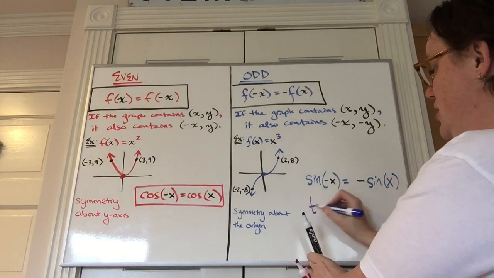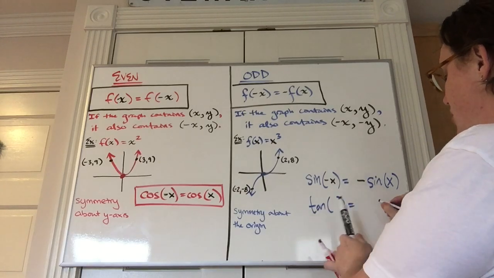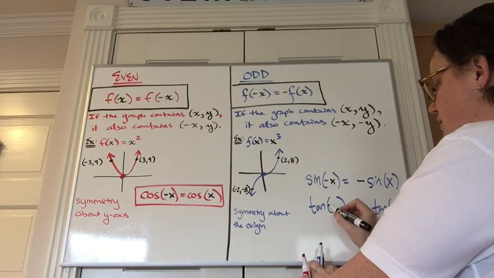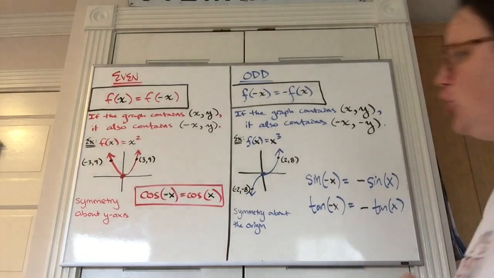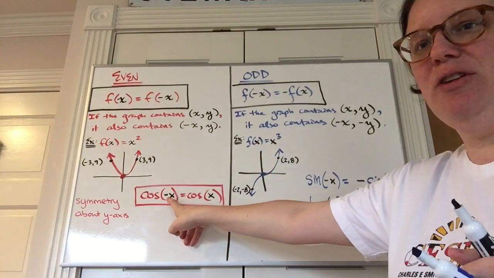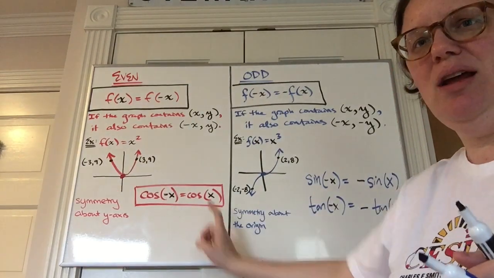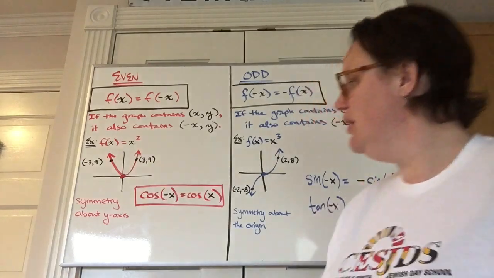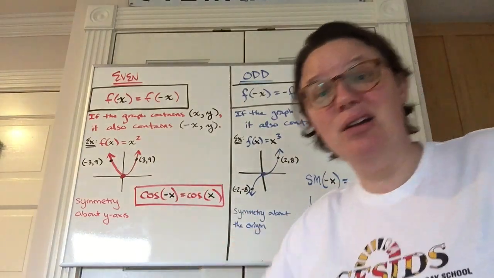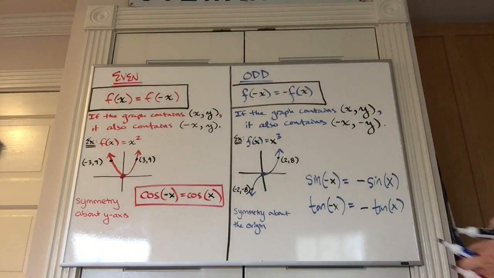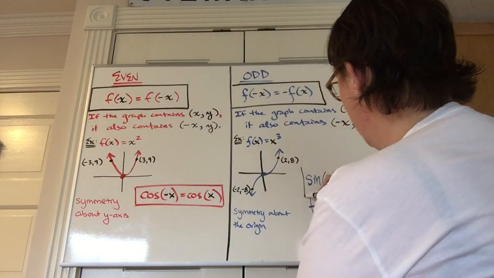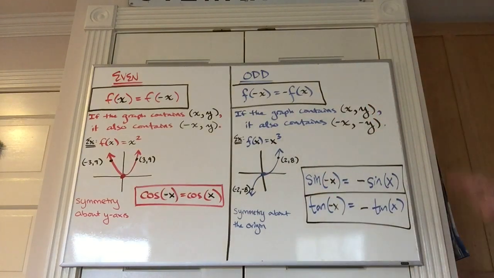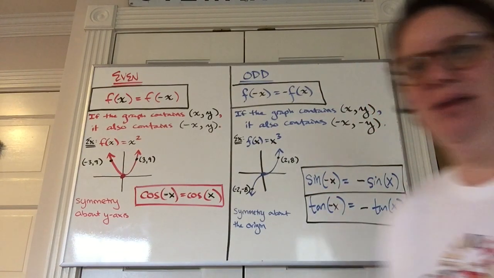Same goes for tangent. The tangent of a negative angle is the same as the negative version of the tangent of the positive angle. So for cosine, it does not matter if there's a negative on the inside. You can just get rid of it because cos 30 is exactly the same as cos negative 30. It's even. The negative on the inside does not matter. But for sine and for tangent, if you have a negative on the inside, you can just move it outside because sine and tangent are odd.